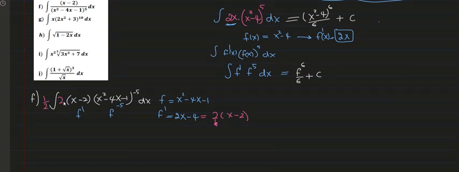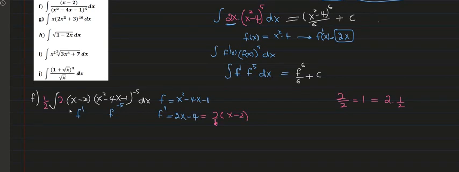Now overall we multiplied by 2 over 2, which is equal to 1. We rewrote it as 2 times 1 half. We took one inside and one outside. What we need inside and what we don't need, we leave it outside.